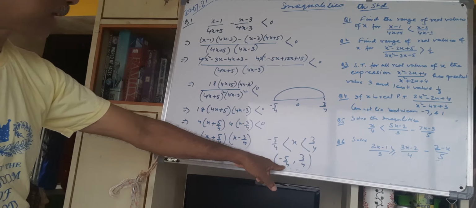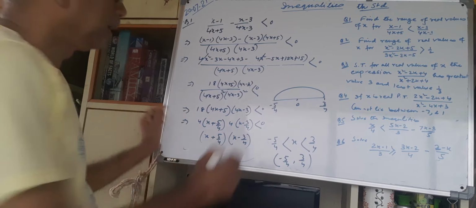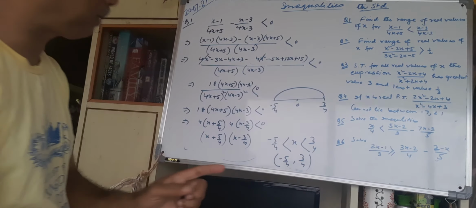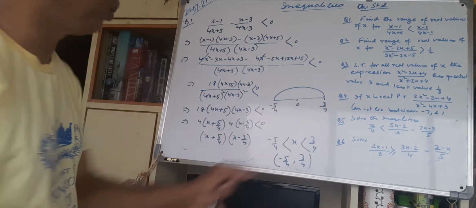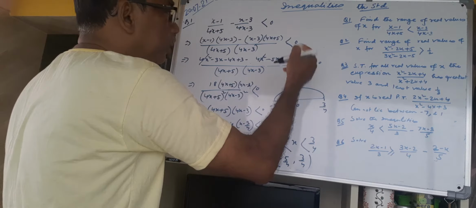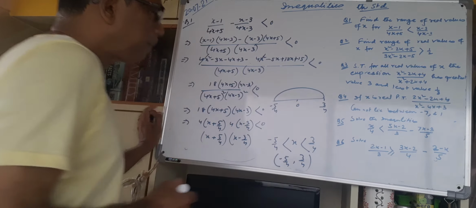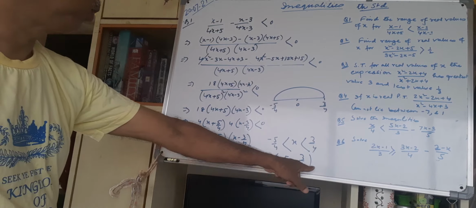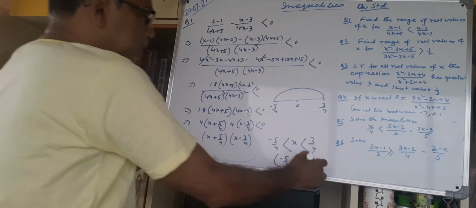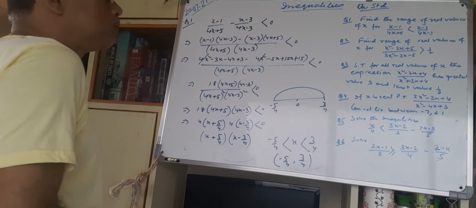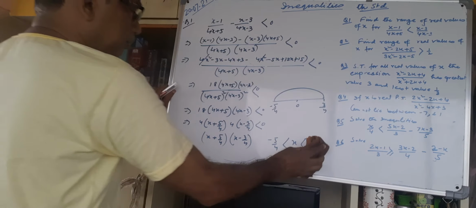This means minus 5 by 4 and 3 by 4 are not included within this interval. Within this interval x will be situated. That is symbolically the range of the real value of x for this expression.